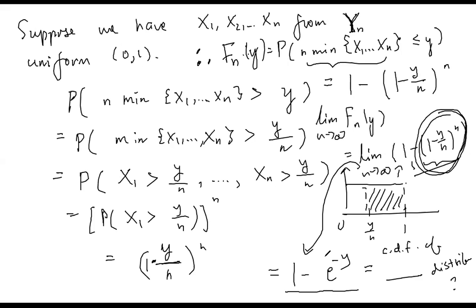Exponential. Exponential distribution with what parameter? Parameter equals to what? With lambda 1. Okay, with lambda equals to 1, with mean 1, right?